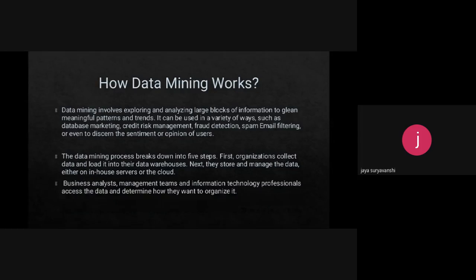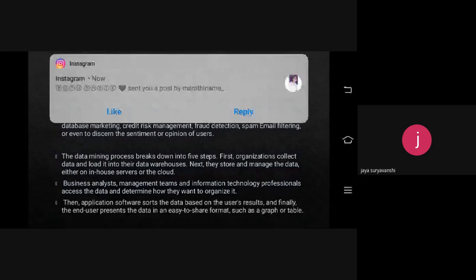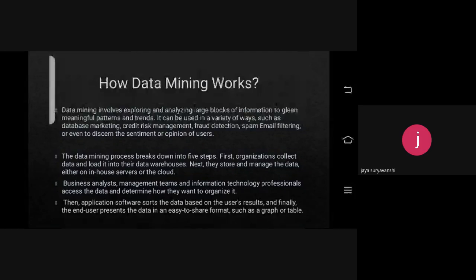Business analysts, management teams and information technology professionals access the data and determine how they want to organize it. Then application software sorts data based on the user's results, and finally the end user presents the data in an easy to share format such as a graph or table.